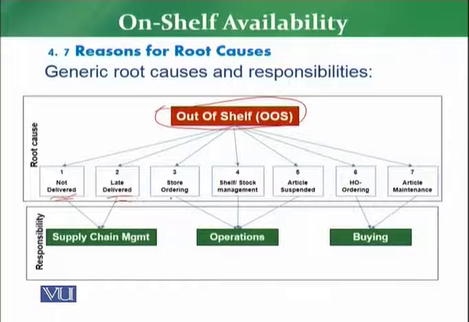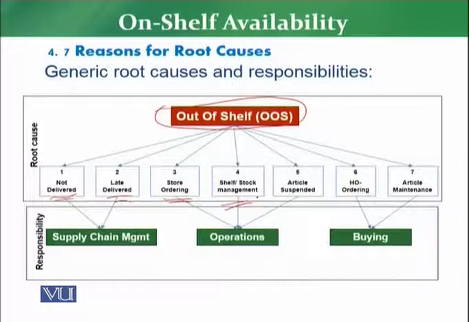Third root cause is about the store ordering. For example, the store was not able to order that particular product on time, or maybe there is a delay in ordering that product from the store, or the store has not ordered that article, and that is causing an out of shelf situation.